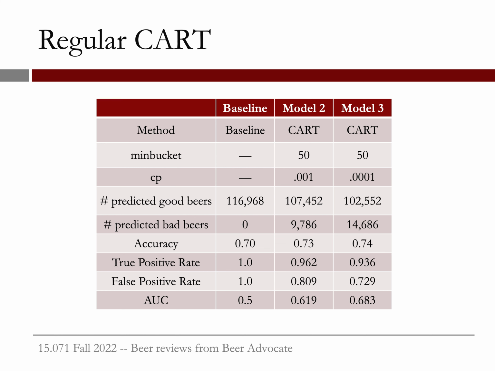We got really similar results as the logistic regression, just maybe a little better if you compare against AUC, but really the same story: high TPRs, high FPRs, and high accuracies. The minbucket parameter really had no effect on the model results. And as we lowered the CP parameter, it quickly started overfitting the model.